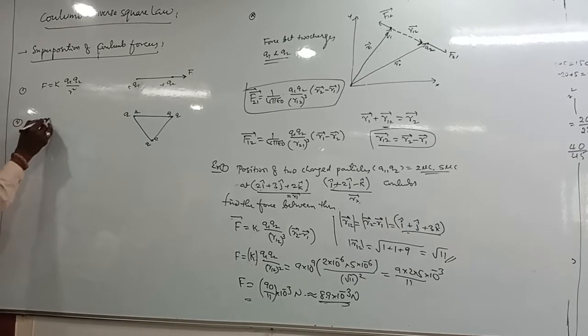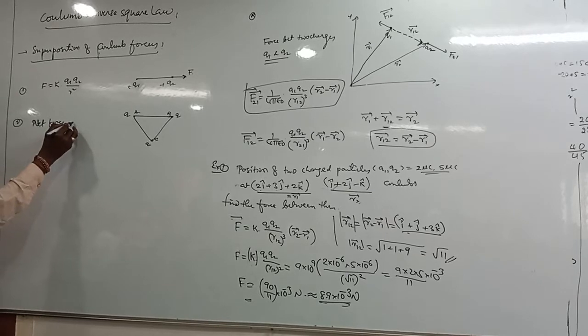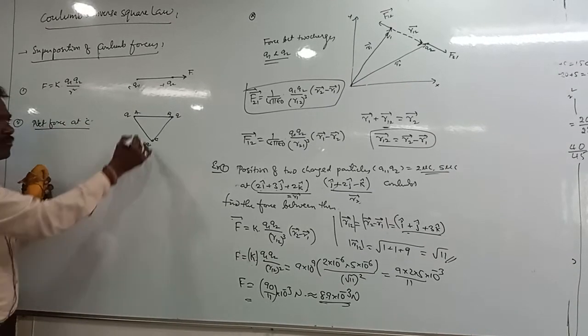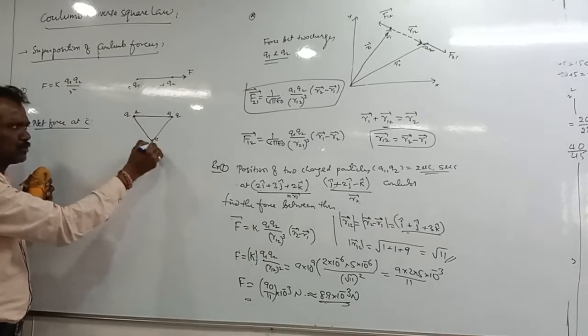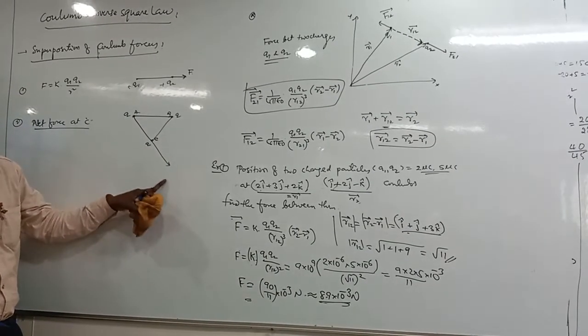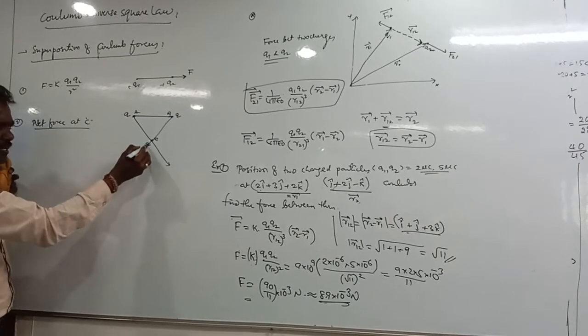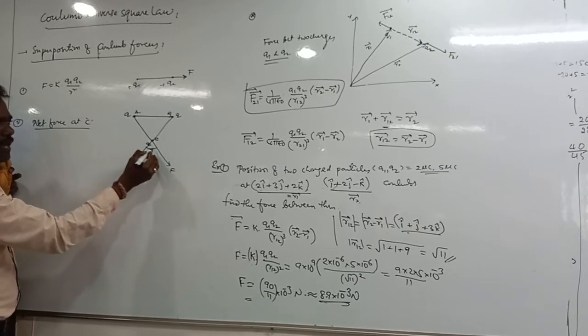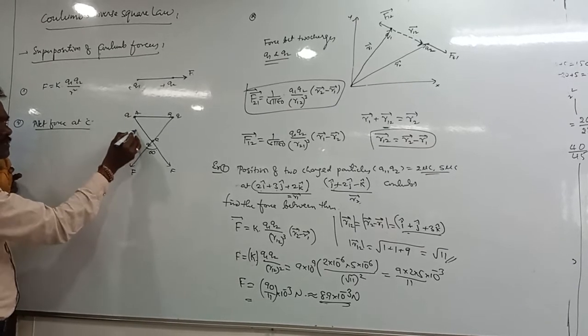Then net force at C, what is it here? Due to this positive charge, repulsive force, the force on the Q charge is away from the direction we are considering. Here the angle is 60 degrees.